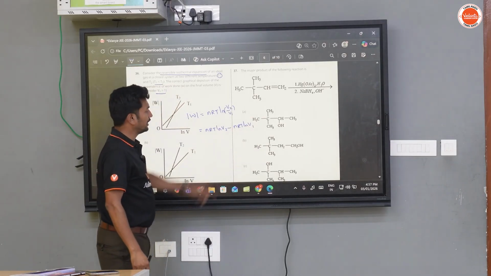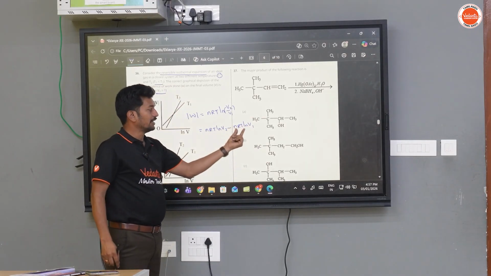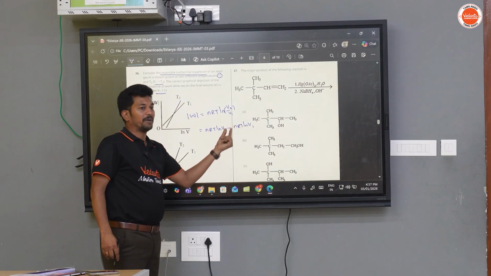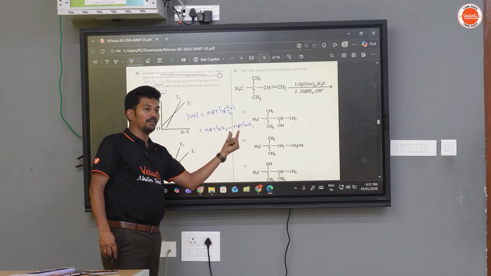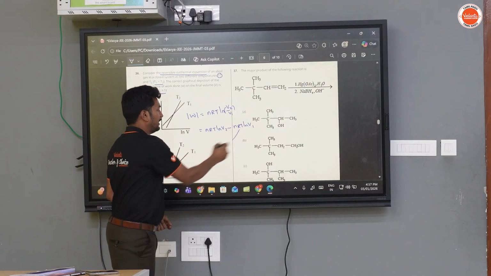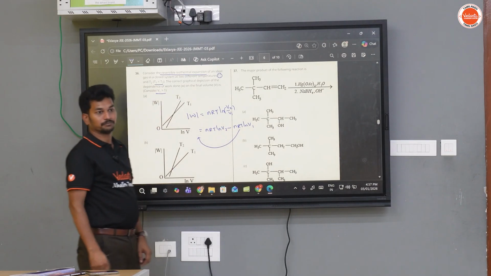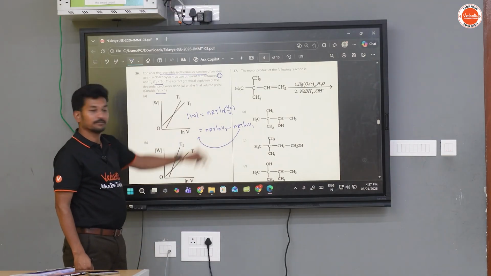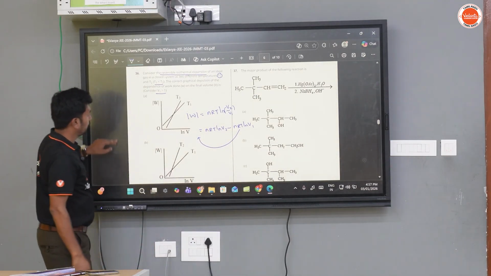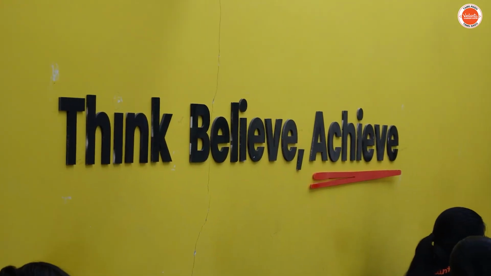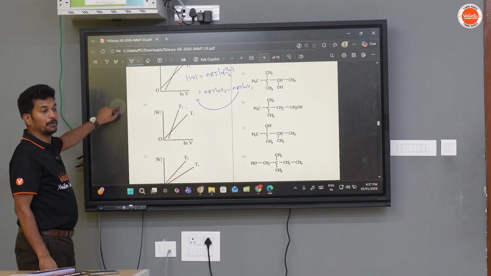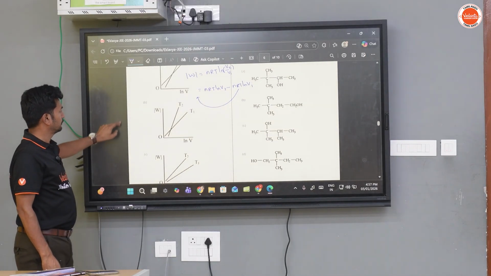Where he mentioned V1 is what? Greater than 1. That means what? nRT ln V2 will be positive. Minus nRT ln V1 will be negative. That means what? This will be a negative x-intercept and a straight line. You can see in which case negative x-intercept, positive y-intercept.